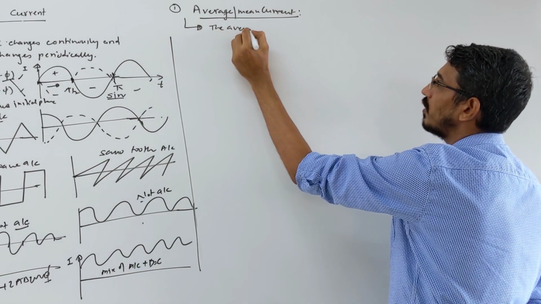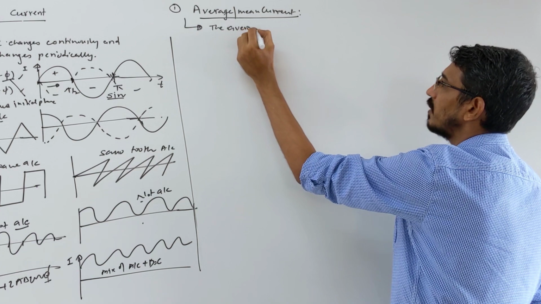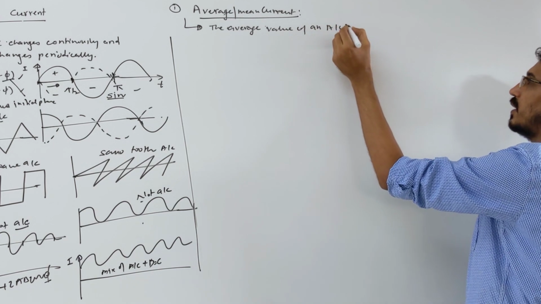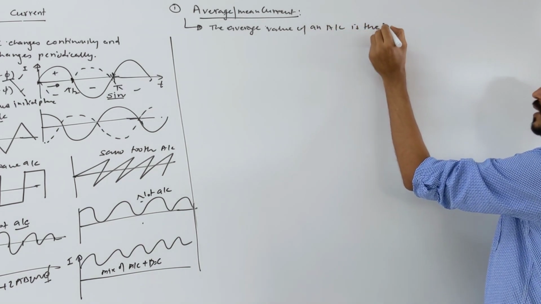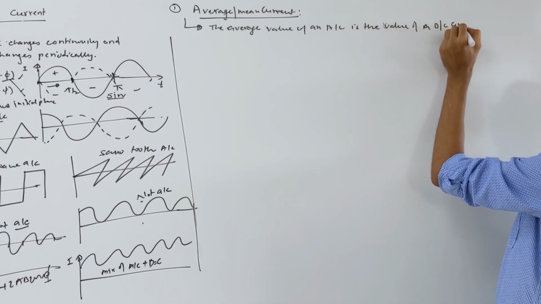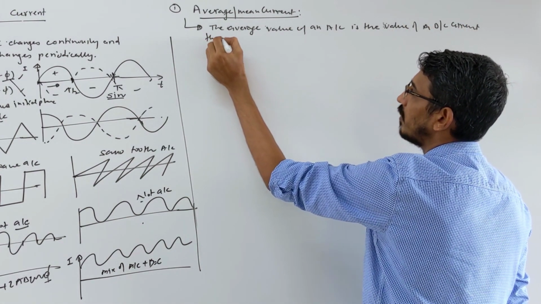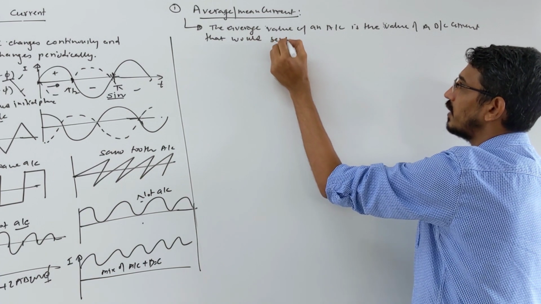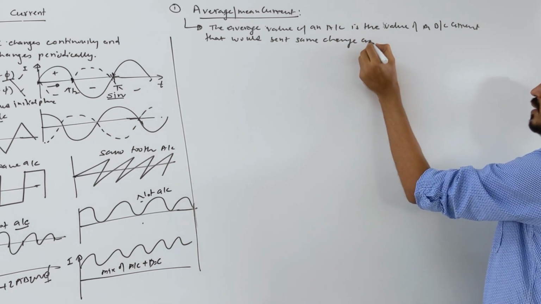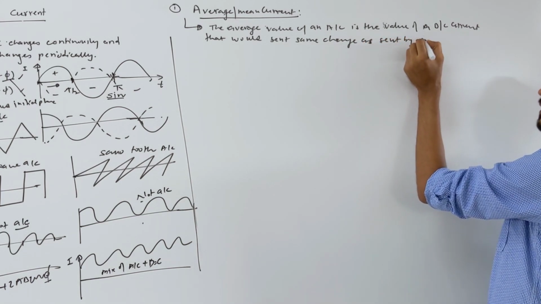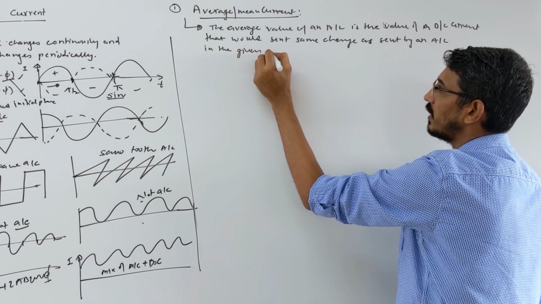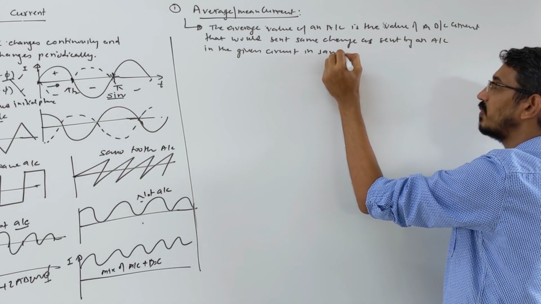The average value of an AC is the value of a DC current that would send the same charge as sent by an AC current in the given circuit in the same time.